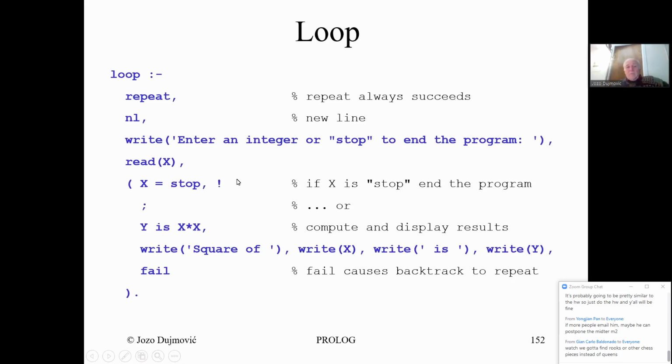So it is going to terminate the program, and if it is not stop, then you go to the next line, because between this parenthesis and this parenthesis, we have practically an if-then-else statement. So if this is satisfied, perform this operation. Else, perform y is x times x, compute the square, and then write square of this x is y, and you get the result.